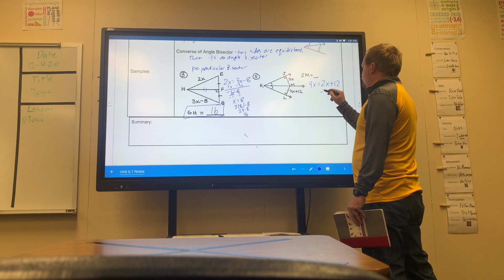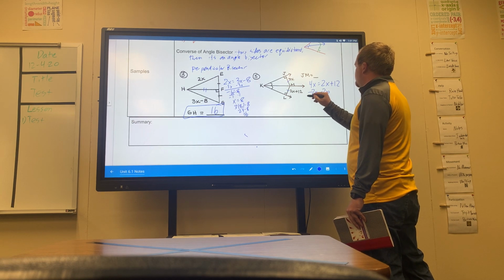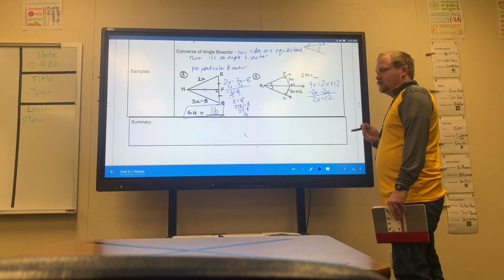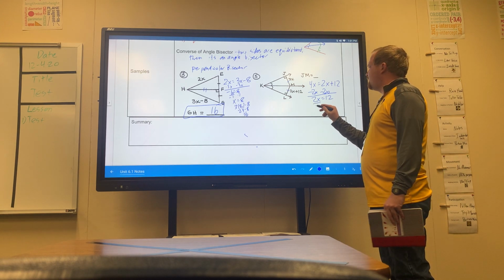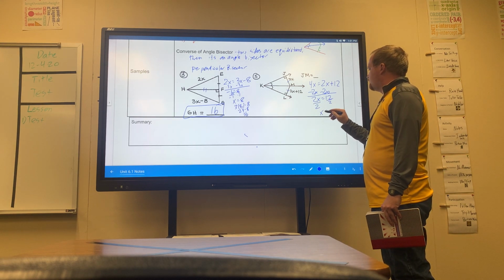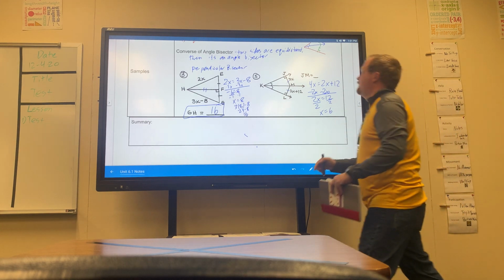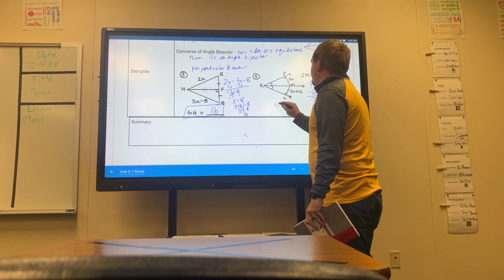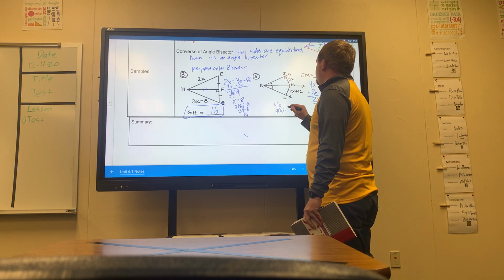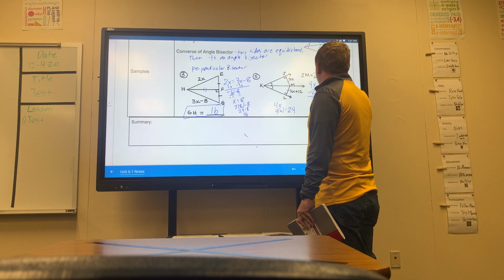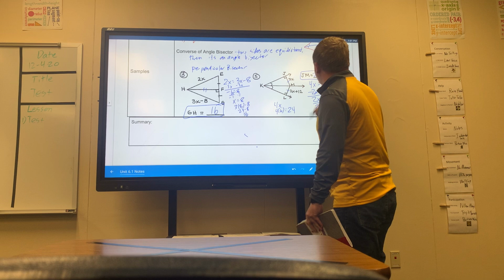I'm going to subtract 2x from both sides. 2x equals 12. And all I got to do is just divide by 2. x equals 6. But remember, that's not my answer though, because I got to replace x with 6 to give me 24.